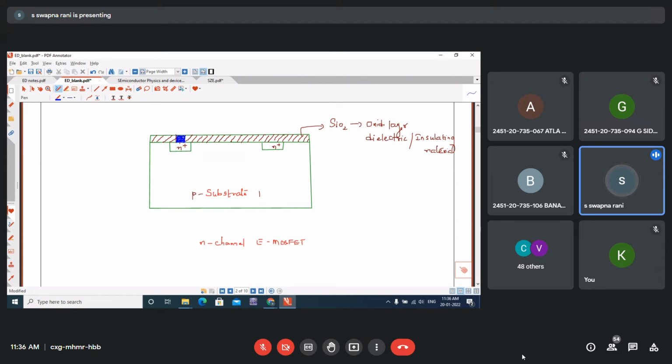So holes are cut into this oxide layer, and a metal is deposited. So this is a metal.